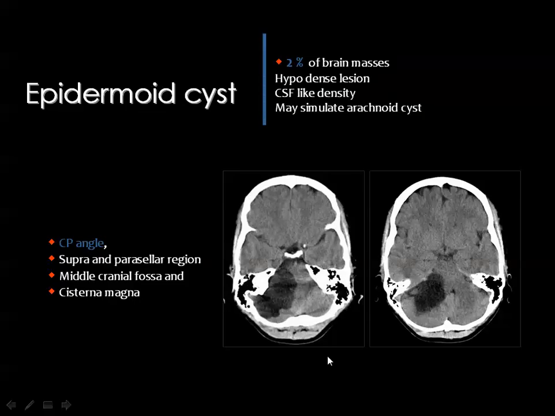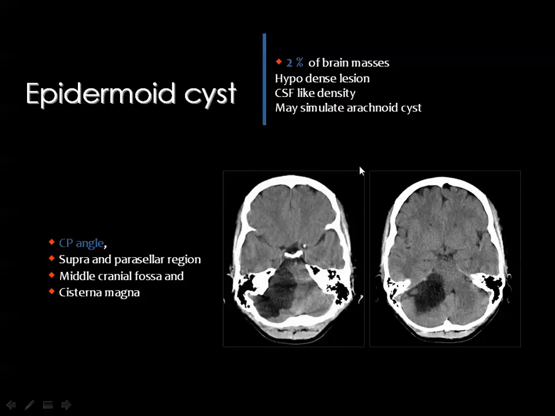Then we came to one of the famous cysts occurring at the cerebellopontine angle region, and we discussed it in the lecture of intracranial cysts. It is the epidermoid cyst. And you remember the incidence is 2% of intracranial masses. It is a hypodense lesion of CSF-like density, and it may simulate arachnoid cyst.